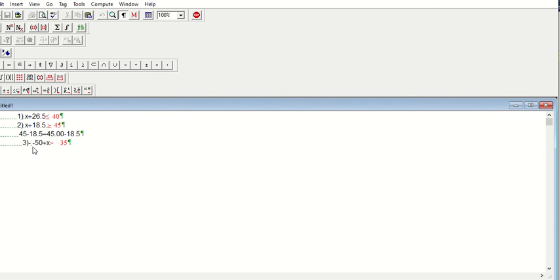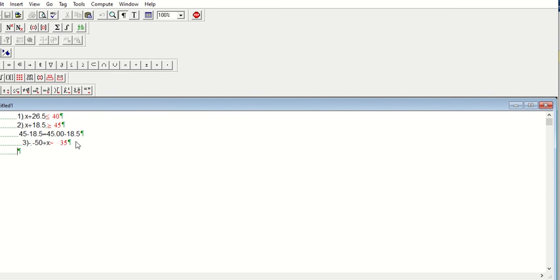Now how will we solve this? We will take this minus 50 to the other side. This minus 50 will go to the other side and become plus 50. Then minus 35 and plus 50. We will solve it simply and easily.